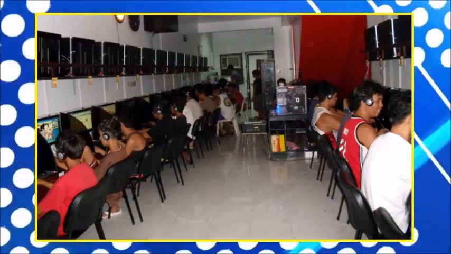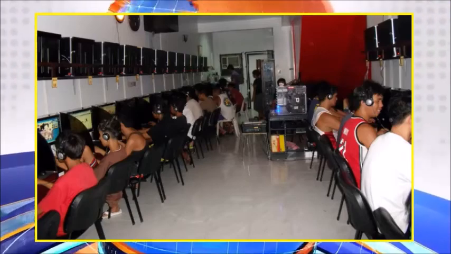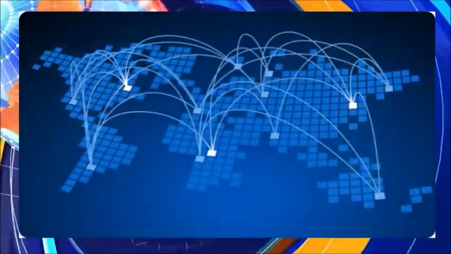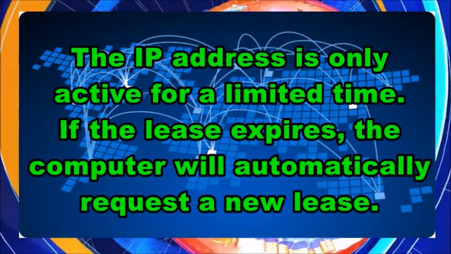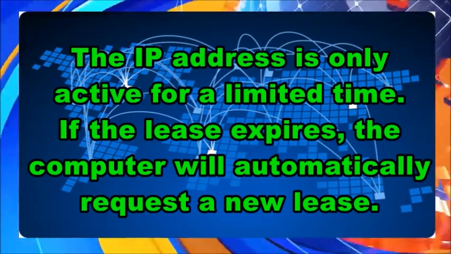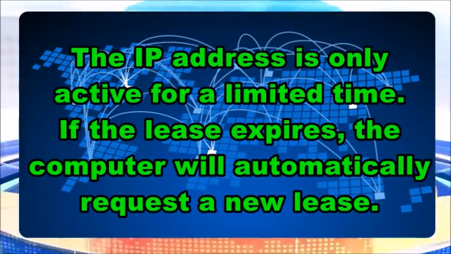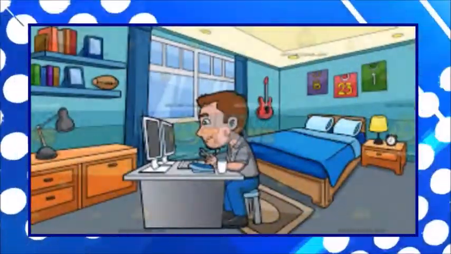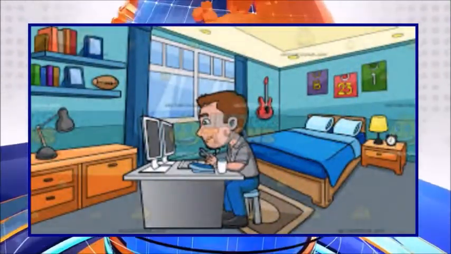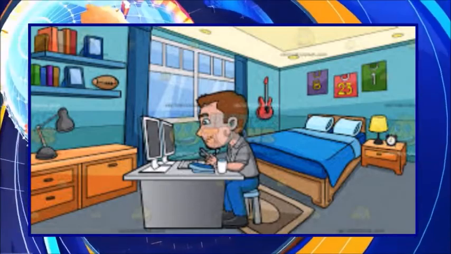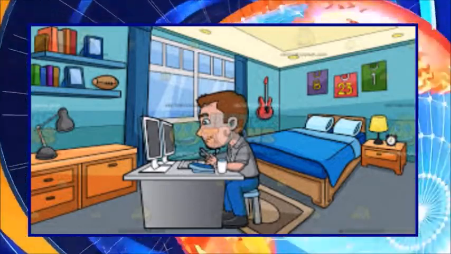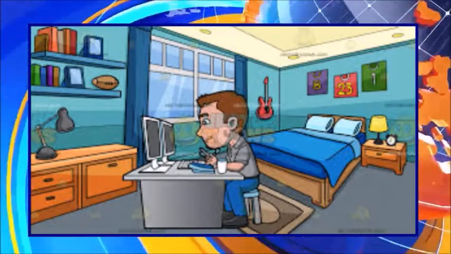Dynamic IP addresses are issued using a leasing system, meaning that the IP address is only active for a limited time. If the lease expires, the computer will automatically request a new lease. Sometimes, this means the computer will get a new IP address too, especially if the computer was unplugged from the network between leases.